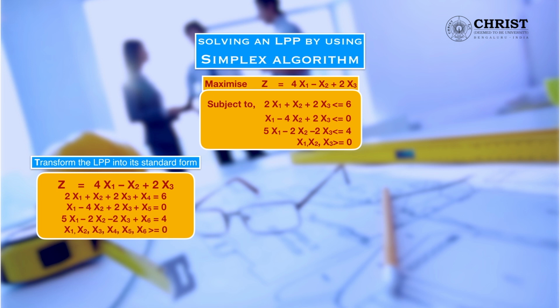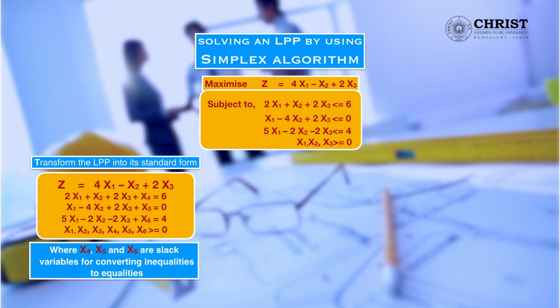And lastly, x1, x2, x3, x4, x5, x6 greater than or equal to 0 as per non-negativity constraints, where x4, x5, x6 are slack variables for converting inequalities to equalities, which we discussed earlier.